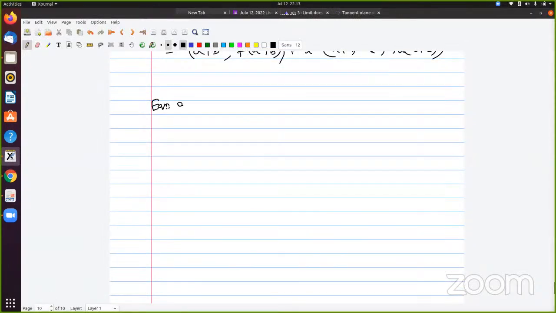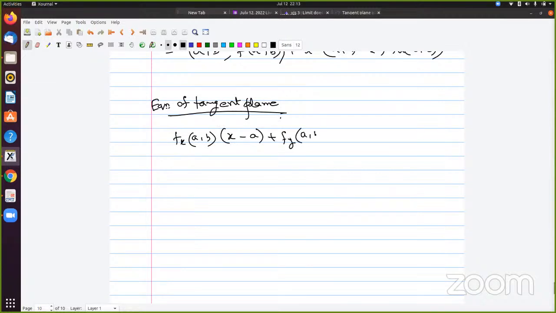Equation of the tangent plane: fx(a, b)(x minus a) plus fy(a, b)(y minus b) equals z minus f(a, b). Correct? This is what we need.